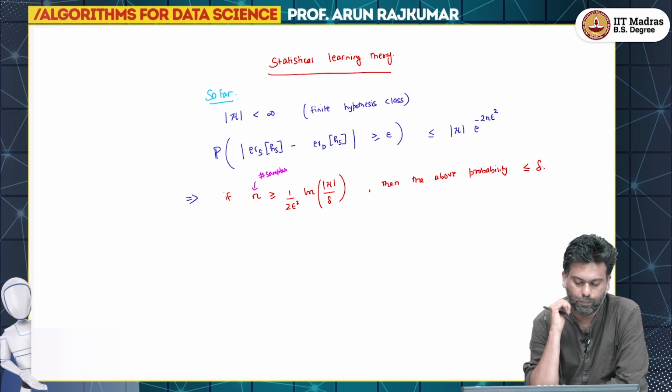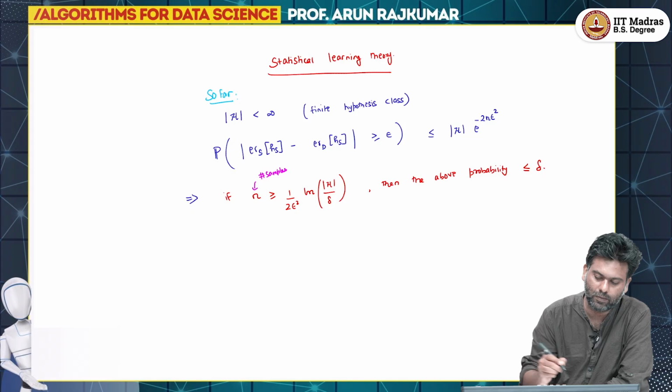Remember, this does not tell us about the goodness of the algorithm itself. This just says that no matter which hypothesis our algorithm picks, its train error and test error are going to be close to each other. So, this is not a statement about a specific algorithm.